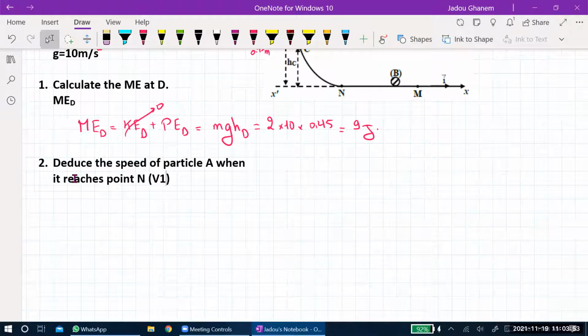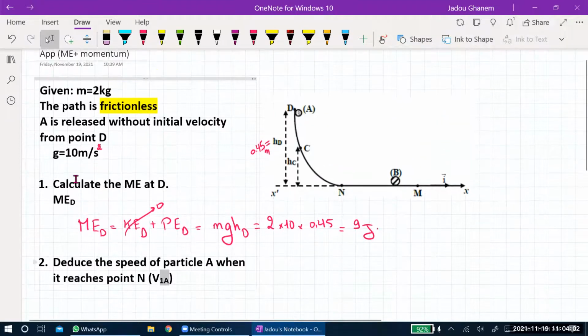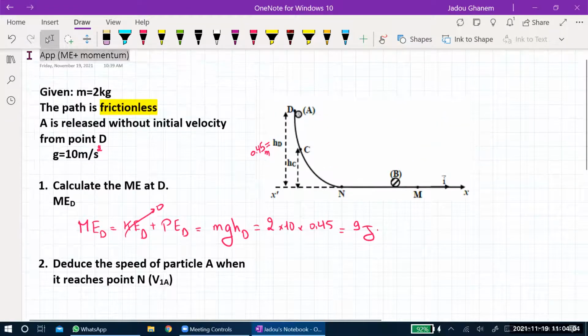It's V1A. So it's the first position for this particle A. Also we'll provide some seconds for you before we start with this.